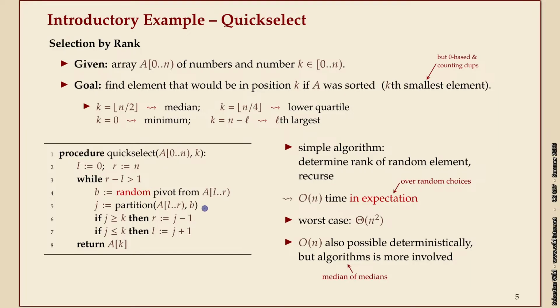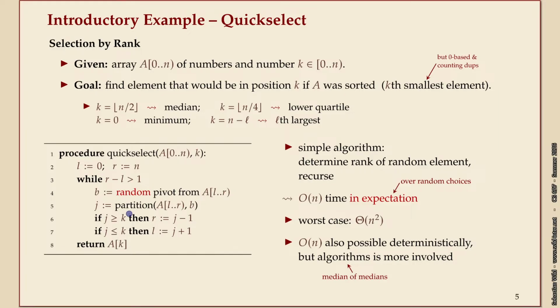You partition that range around that element: everything smaller to the left, everything larger to the right. And then there are 3 different options. Sometimes you're lucky and the pivot element you picked is exactly the one that has rank k, or is at position k in the end. Then you will eventually return it.